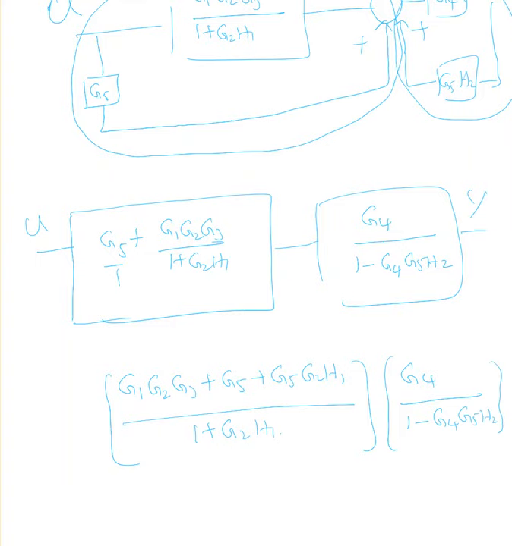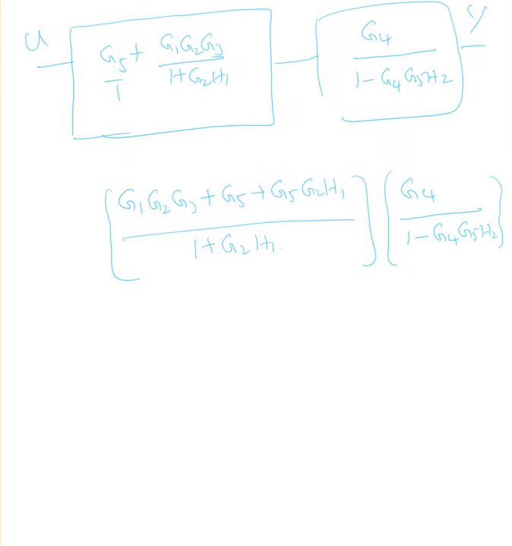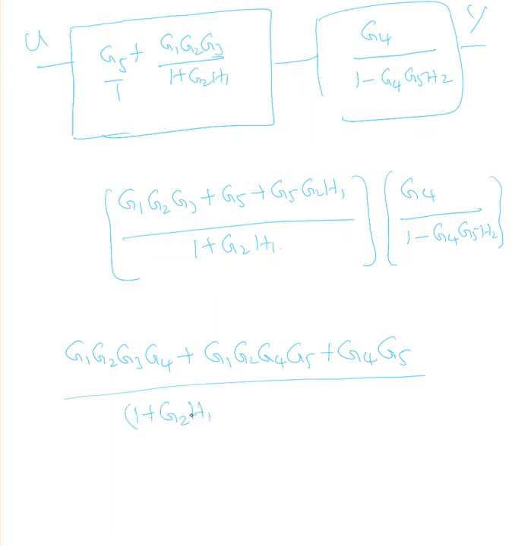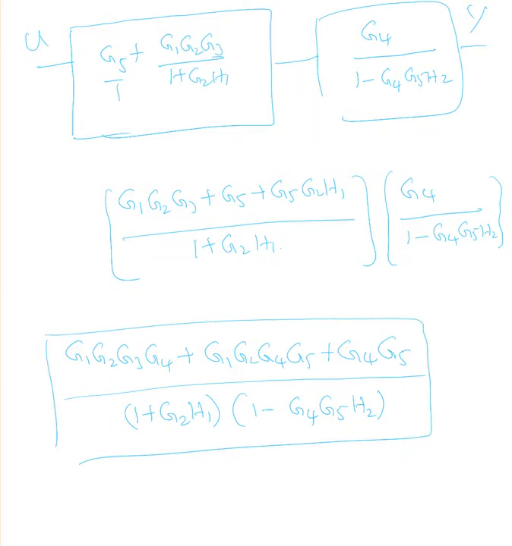Okay, it's just a direct multiplication, so I will end up with z1 z2 z3 z4 plus z1 z2 z4 z5 plus z4 z5 over 1 plus z2 h1 times 1 minus z4 z5 h2. This is your transfer function, which is y over u.